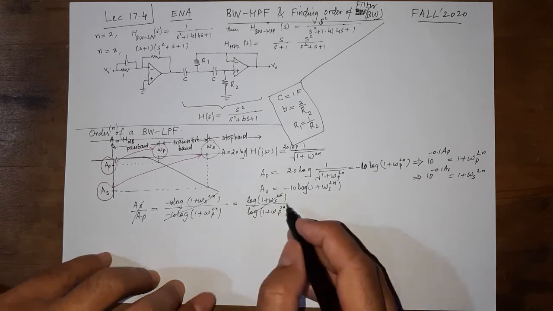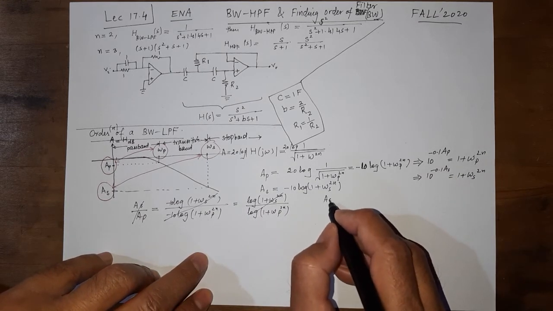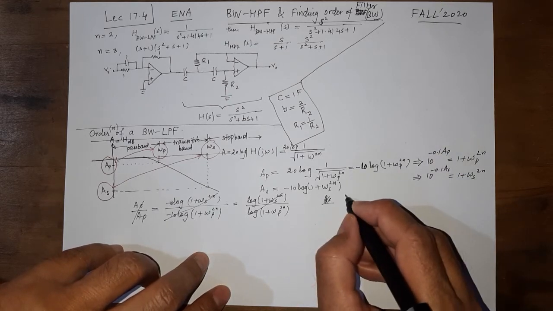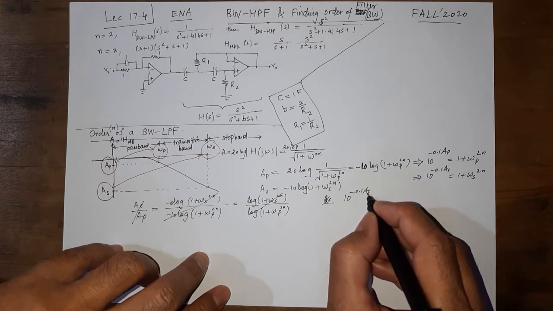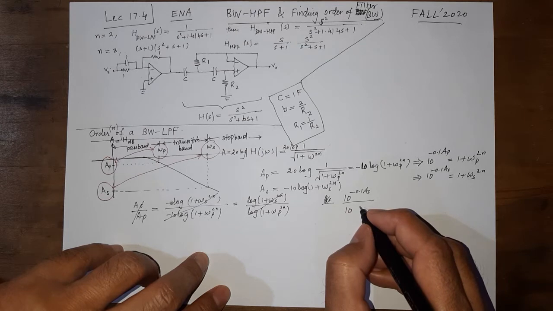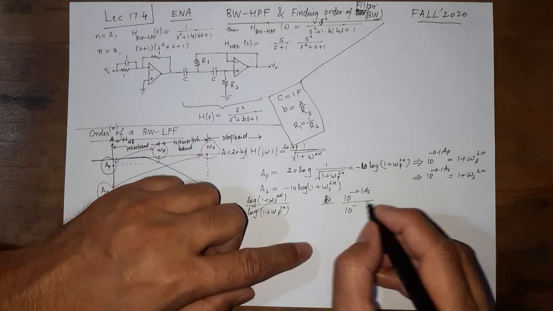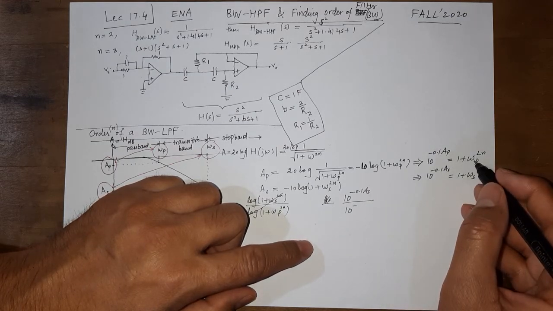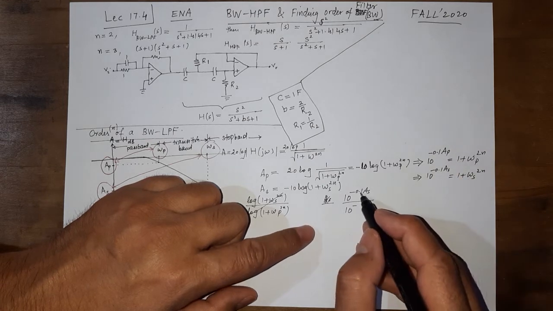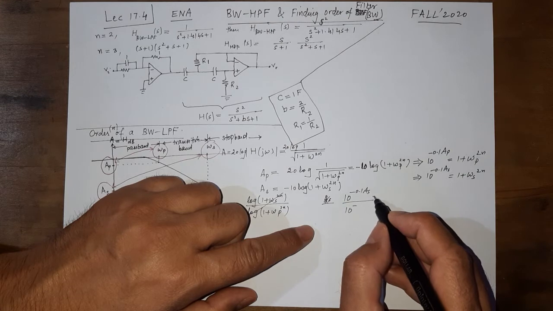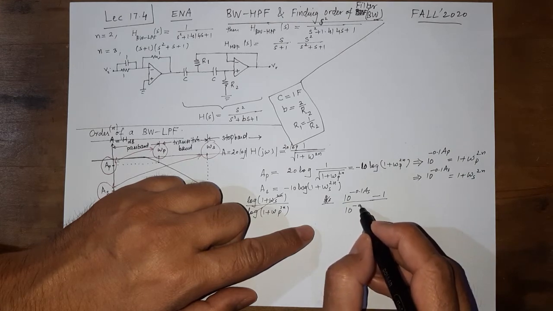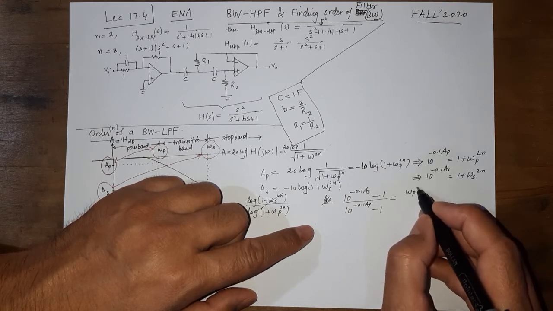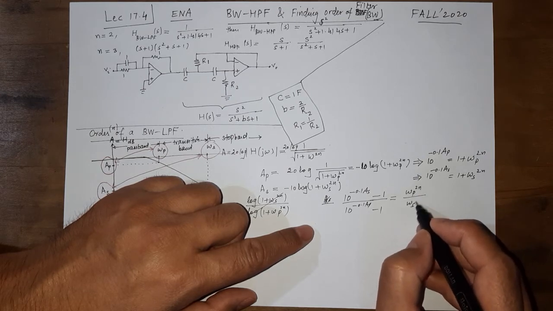So if we skip doing this and do this with this, then 10 raised to the power minus 0.1 AS, and this 1 comes to this side, minus 1, over 10 raised to the power minus 0.1 AP minus 1, can be written as omega p power 2n over omega s power 2n.